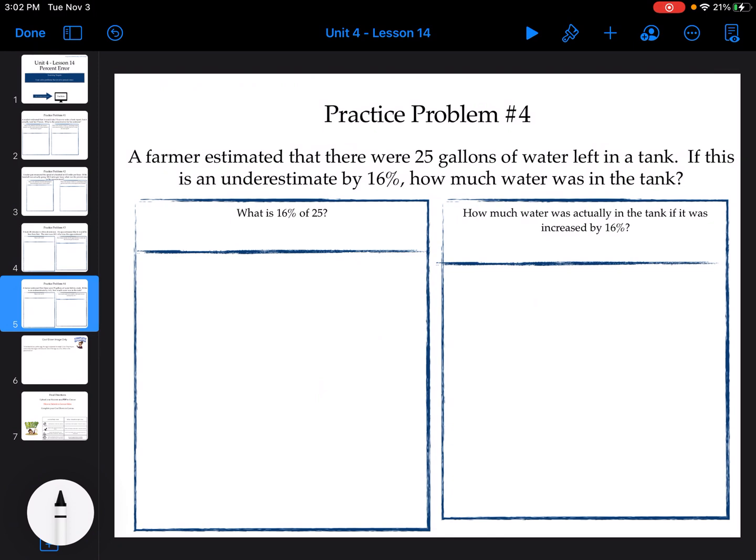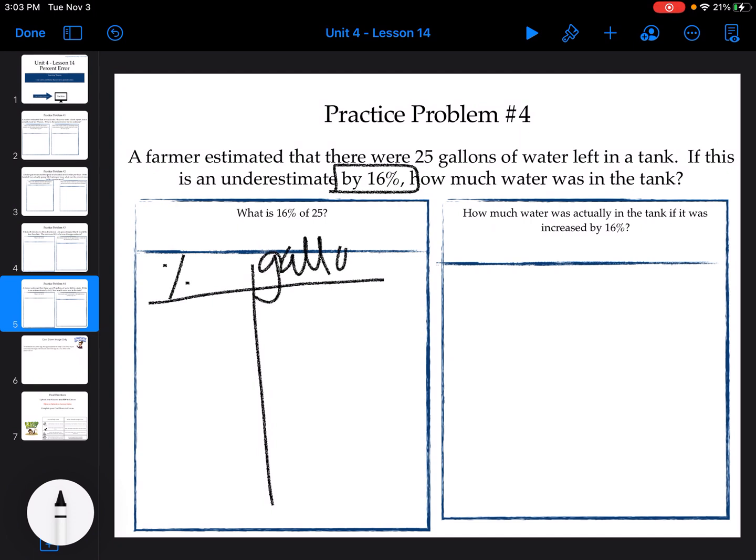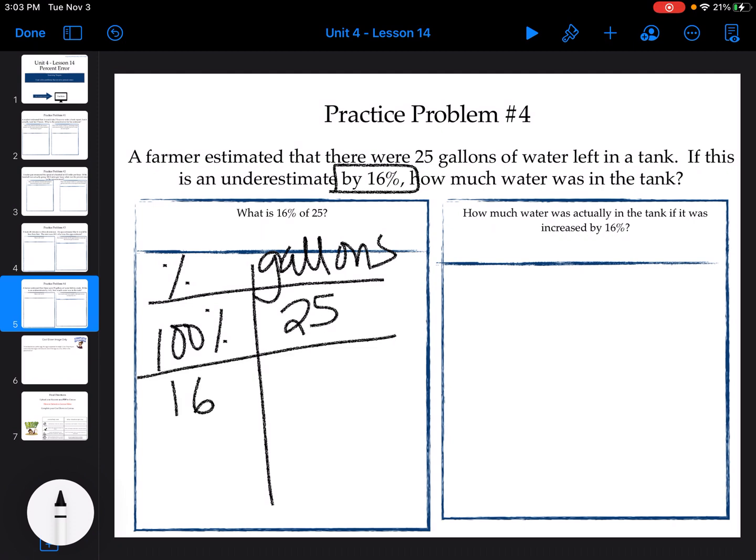So then it says a farmer estimated that there were 25 gallons of water left in the tank. If this is an underestimate of 16%, how much water was in the tank? So what is 16% of 25? So we're finding percent and we're finding gallons. So we have 100% would be 25. So they want 16%. So I'm going to divide going that way.